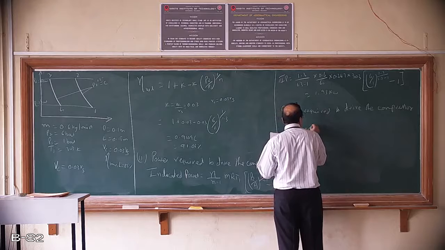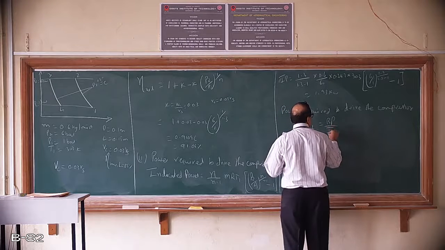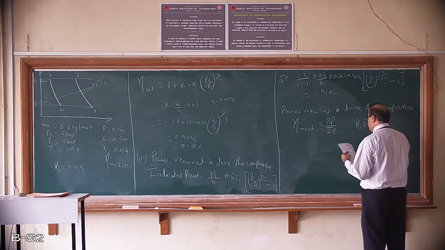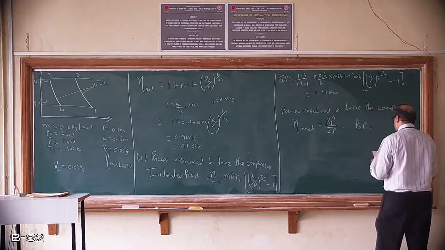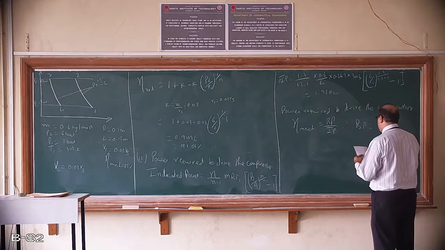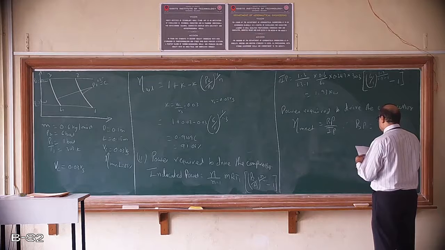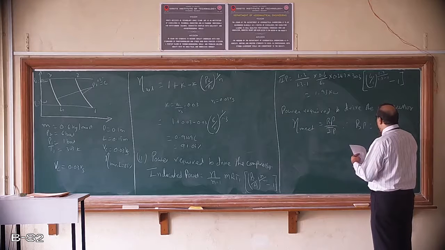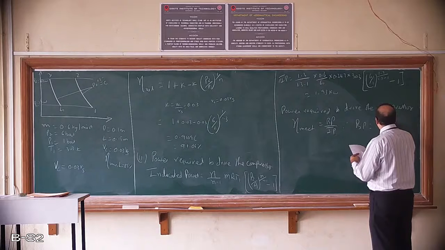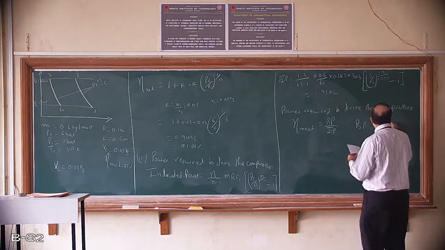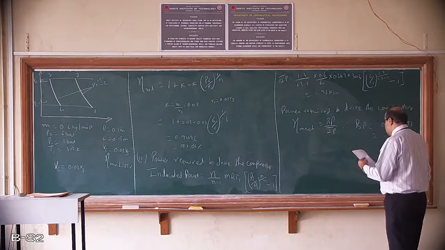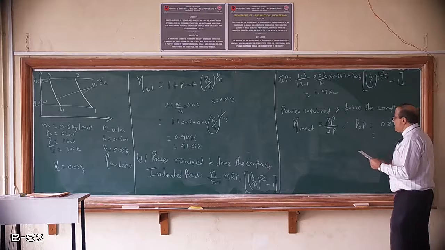Mechanical efficiency is BP by IP. Therefore, BP is equal to 0.85 into 1.93. So this will be the answer.